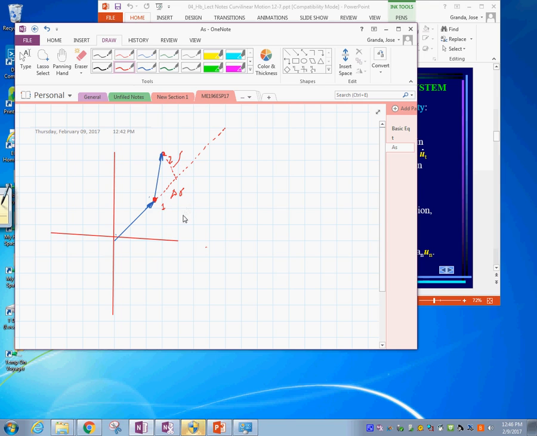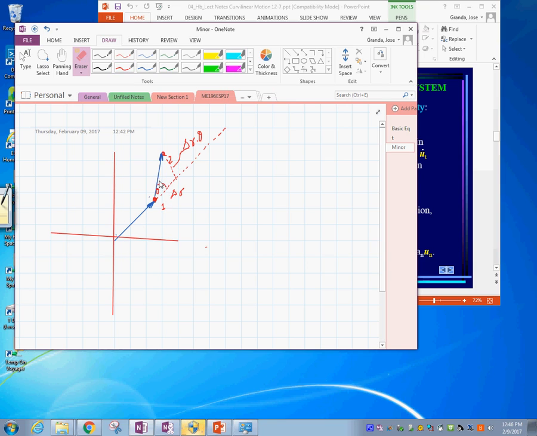So this is delta r, this would be delta r times theta, right? Where this would be the change. This would be theta. It actually, no, this is the change. Hold on for a second.